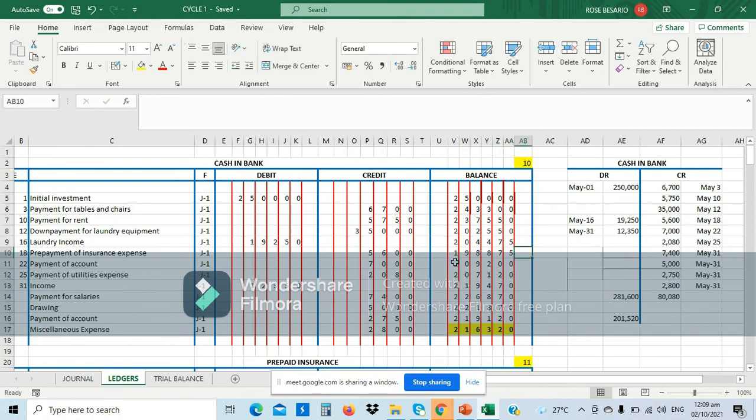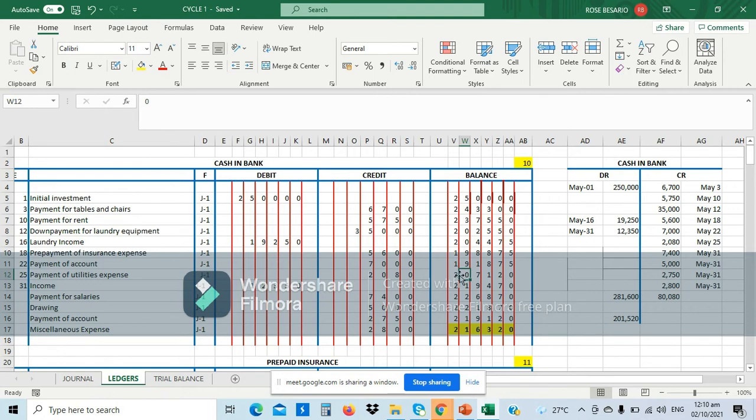And then for this next, minus 7,000. That is 191,875. And then for the next one, minus 2,080.